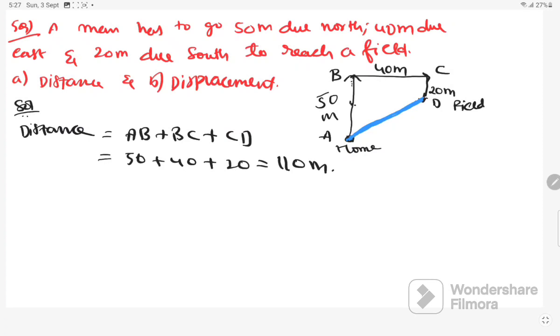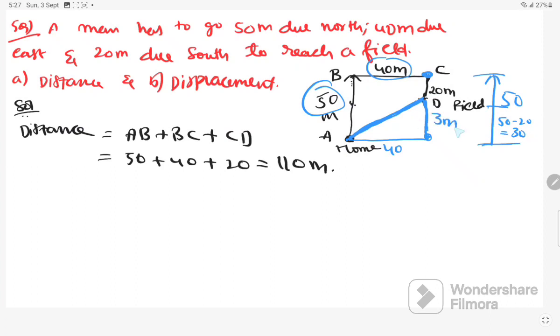To find that, you have to draw one triangle now. This line is 40, so this is also 40. And from here you have to reach till D. If I take this distance from this point to this point, it is actually 50 because this is 50. Now here he traveled 20, so this should be how much? This should be 30, or not? 50 minus 20, that is nothing but 30.